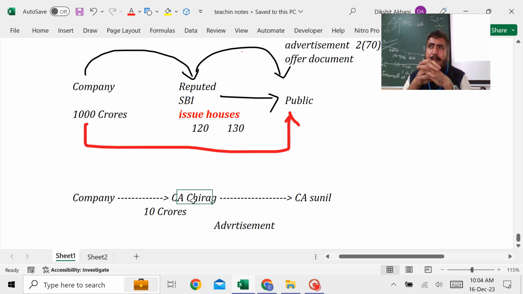So maybe you are trying to say the purposes of both the transactions are different, as far as the company's objects are concerned. And moreover, it's not the issue. There it's advocates SBI, so it can be considered as an agent.